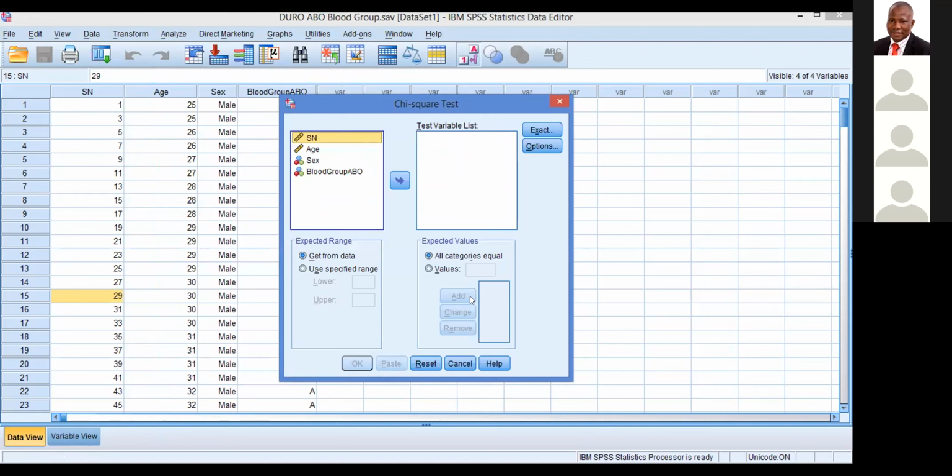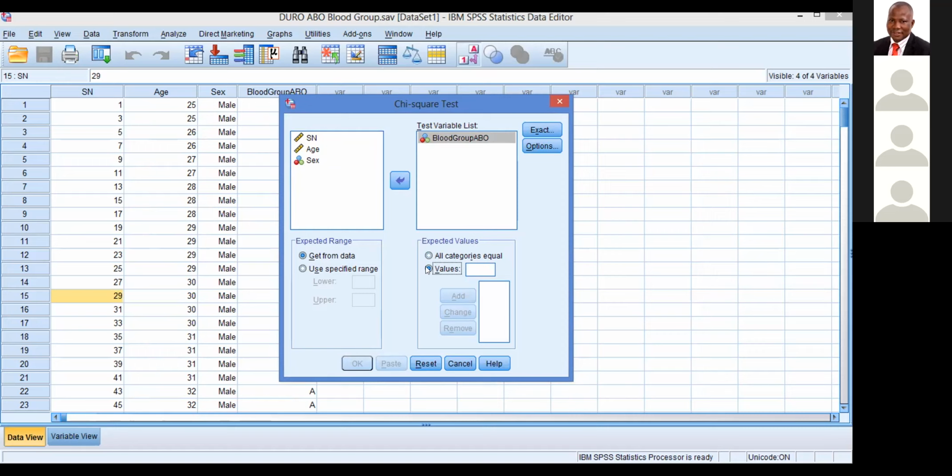The variable you are interested in is block group. Move the block group in. You will see under it, all categories equal. If all categories are equal, I just click OK and run it. It will assume that the expected frequency is 25, 25, 25, 25 percent, because there are 4 categories.